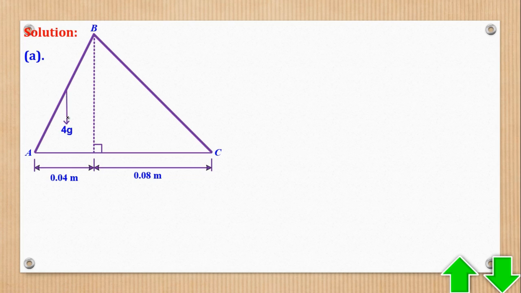So the weight here acts vertically downwards, and this is the midpoint. So the mass was 4 kilograms, so the weight will be 4g. This side, the mass was 6 kilograms, and the weight will be 6g, also acting vertically downwards and at the midpoint.